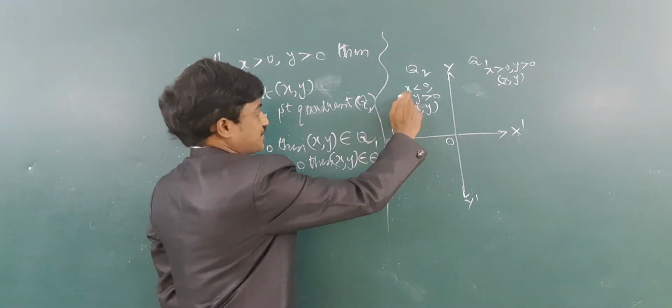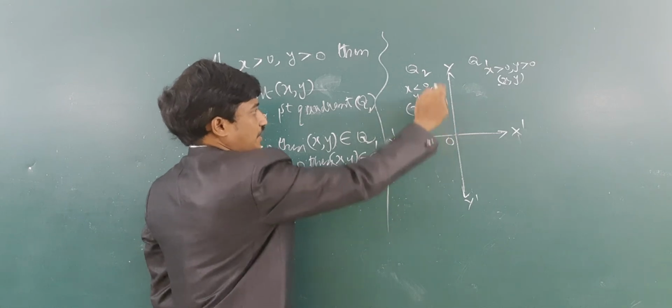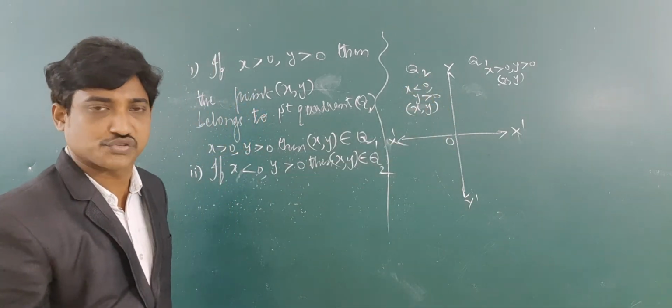If x is negative and y is positive, then the point (x, y) belongs to Q2.